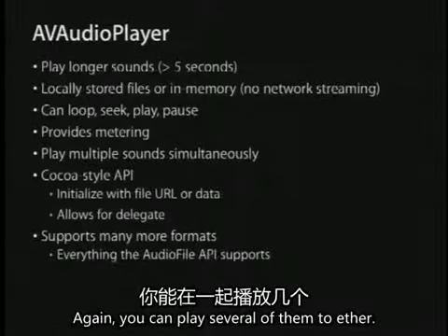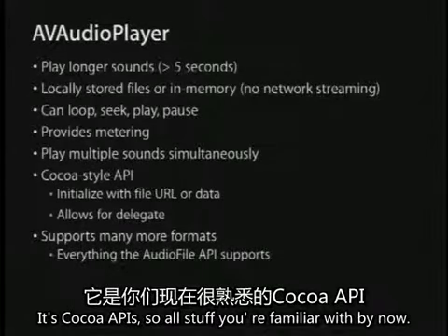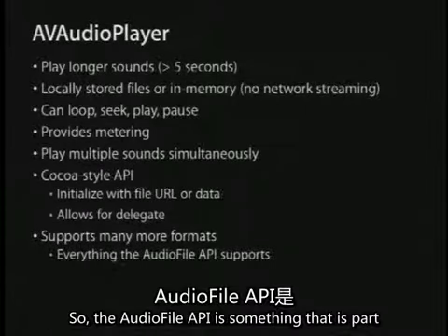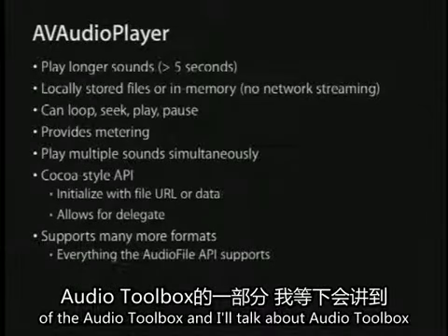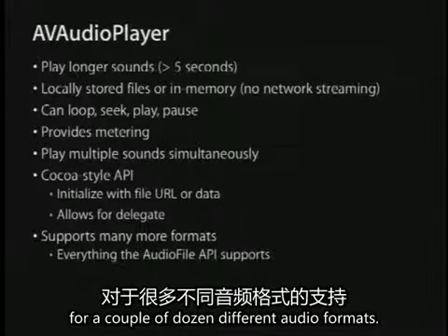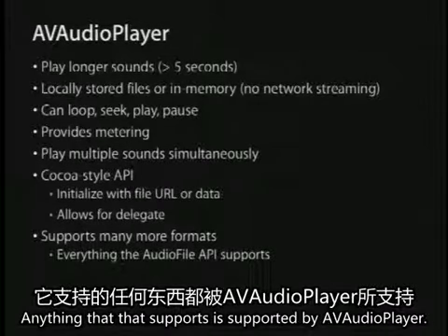Again, you can play several of them together. It's Cocoa APIs, so all stuff you're familiar with by now. And it supports a lot of different formats. The Audio File API is part of the Audio Toolbox, and I'll talk about Audio Toolbox in a moment. But the Audio File API has built-in support for a couple dozen different audio formats. Anything that is supported by AVAudioPlayer.